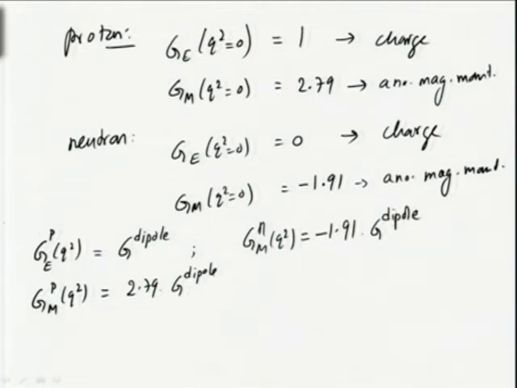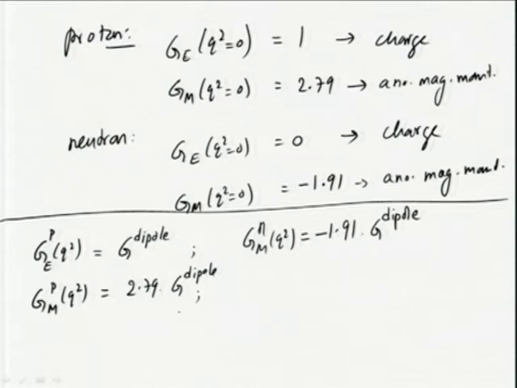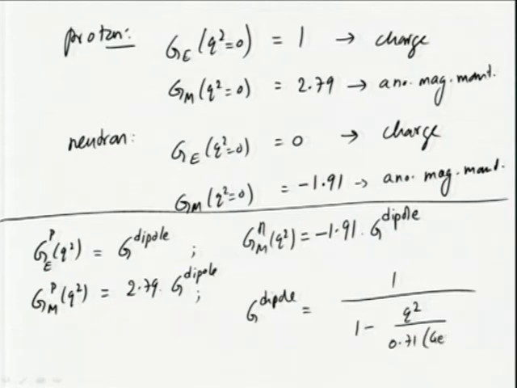So, all of these are expressed in terms of a particular form factor, the dipole form factor, which is essentially equal to 1 over 1 minus q square over 0.71 GeV over c, squared, all to the power 2.